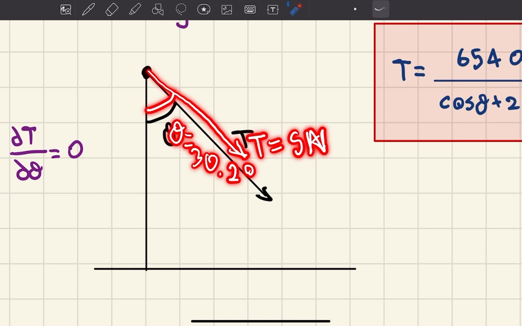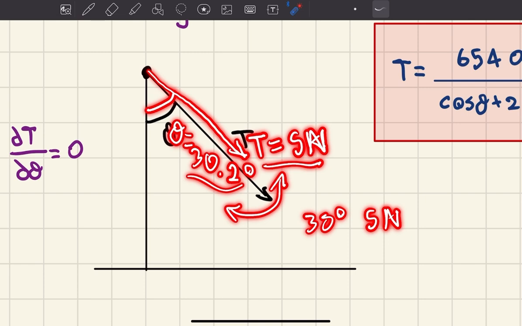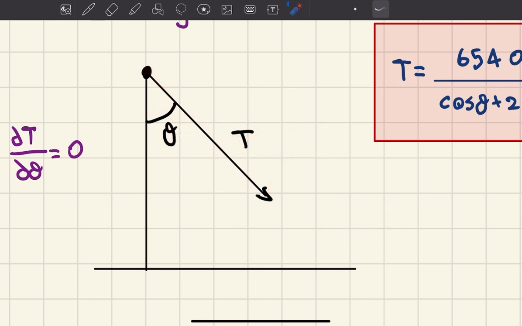But this is only after it begins to tip. If I started out with these two values, it won't. It will only work with 30 degrees and 5 newtons. But after I begin to tip it, they no longer depend on each other directly. This doesn't mean I can change it to 45 and it will still work at the same 5 newtons.